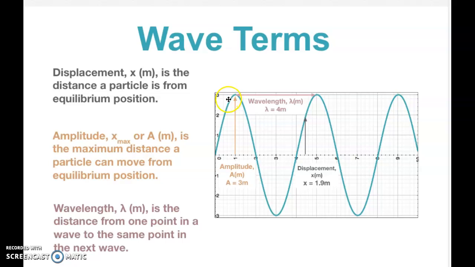The wavelength is the distance for an entire cycle, or a distance from one point in a wave to the next point in the wave. So the same point in the next wave. So as you can see here, if we start at the top, this top point is called the crest, by the way. So if we look at the distance from the crest to the crest, that will give us our wavelength.